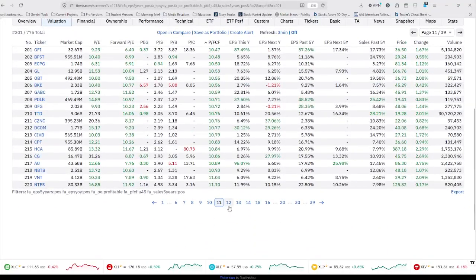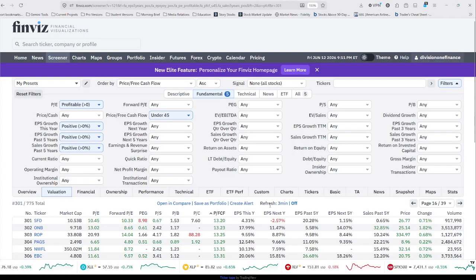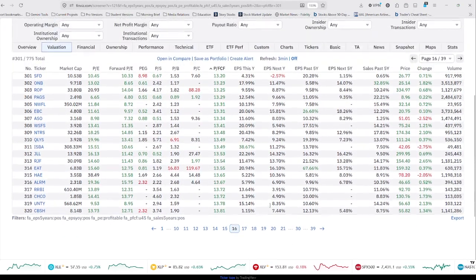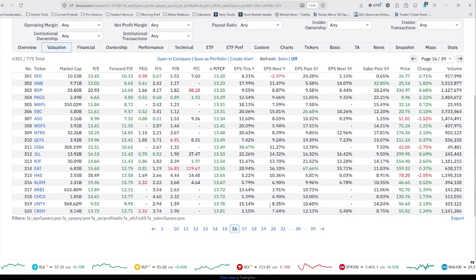Then we have 11 through 15, and then 16 through 20. So anywhere from 11 to 20. I'm sorry, 16 through 25, I meant to say. Those are going to be the ones that we're looking for. All right, so here we are.